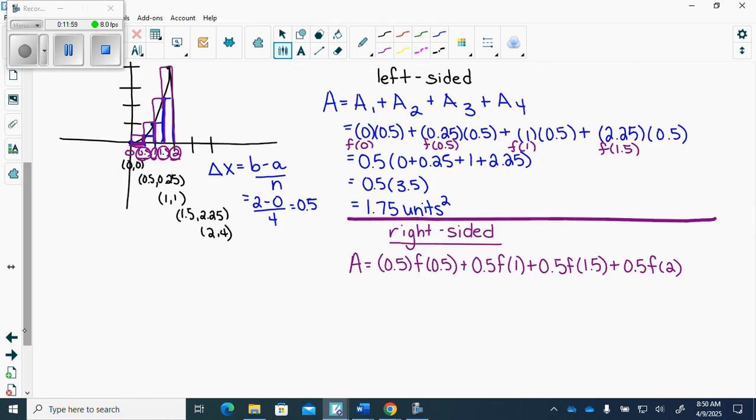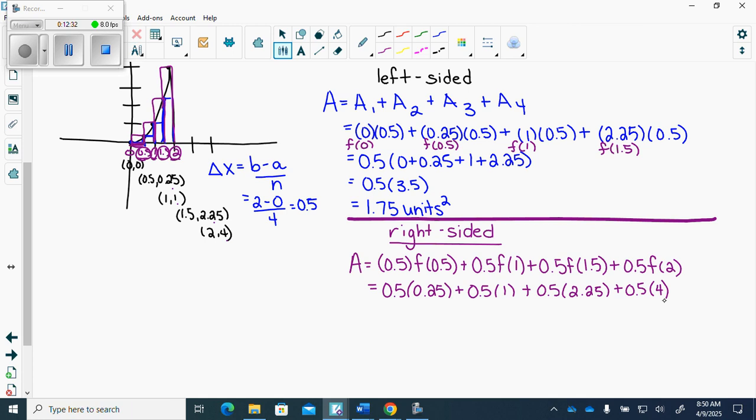So, our area is going to equal 0.5, and then f of 0.5, if I plug in 0.5, I get 0.25, plus 0.5 times 1, plus 0.5 times 2.25, plus 0.5 times 4.